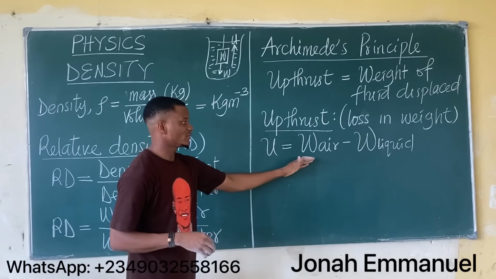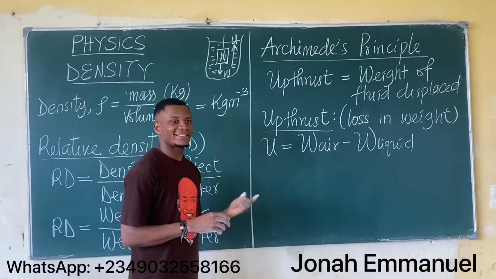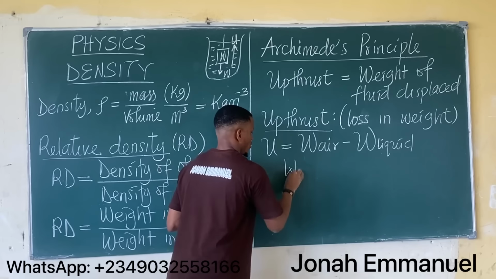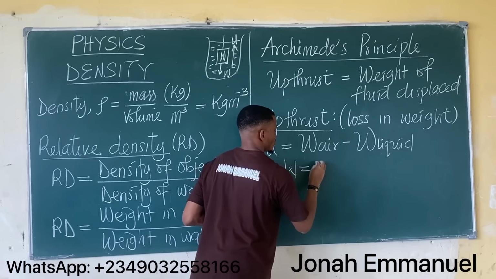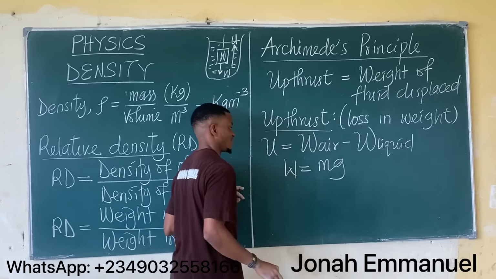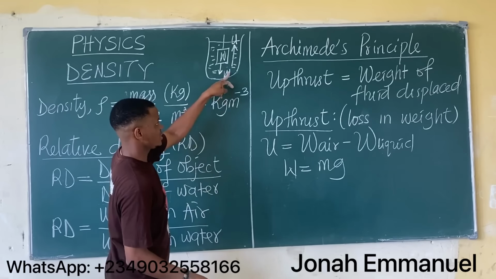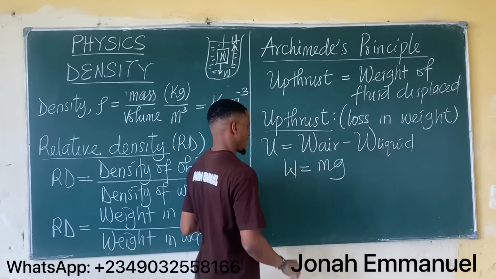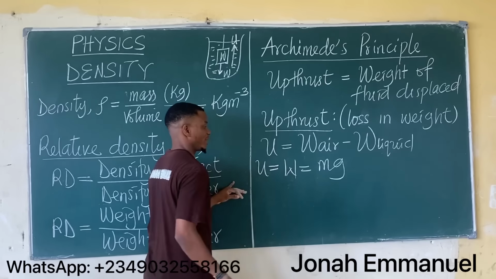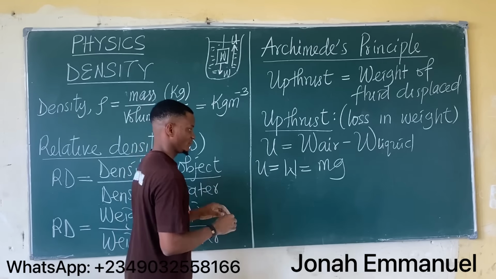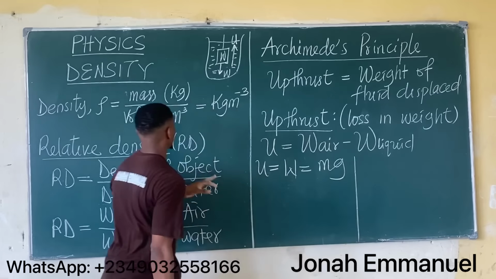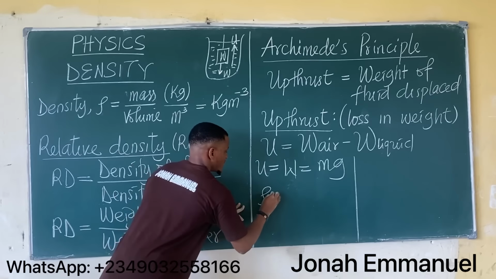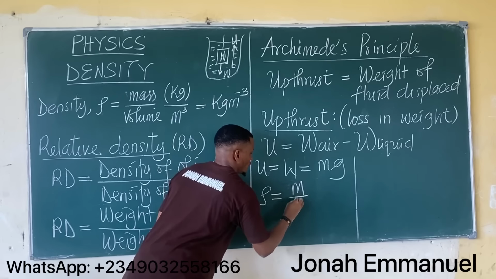So this is one formula for upthrust. Now aside this, we know that weight is equal to mass times gravity. I'm saying that weight of fluid displaced is equal to upthrust. So you can say that upthrust equals weight, which is mass times gravity. But if you look at the formula for density, rho is equal to mass over volume.